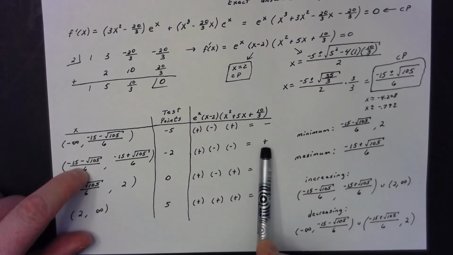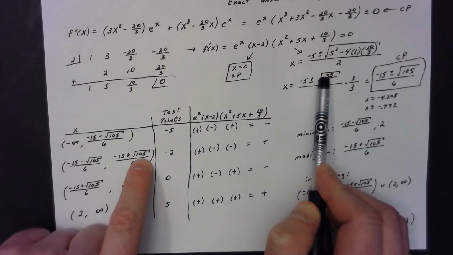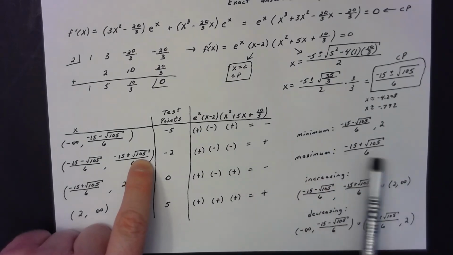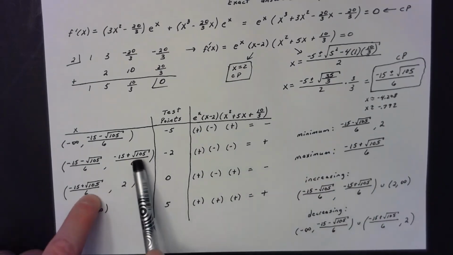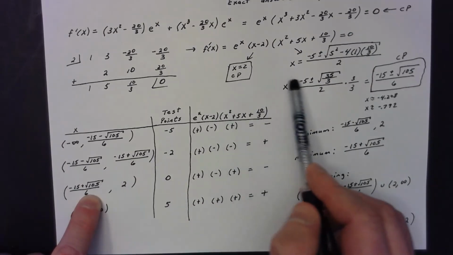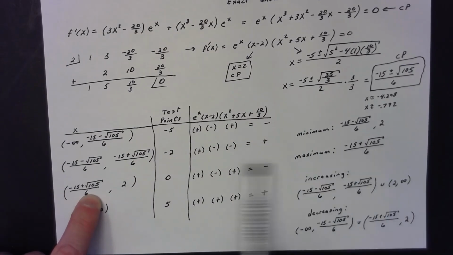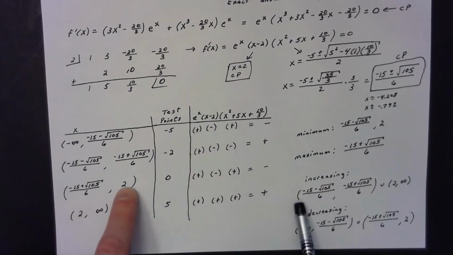But then my function is going to be increasing until I get to the critical point negative 15 plus the root of 105 over 6, decreases after it. So this critical point separates increasing to decreasing. It's a maximum. And then my last one, again, it's going to be decreasing until I get down to 2.